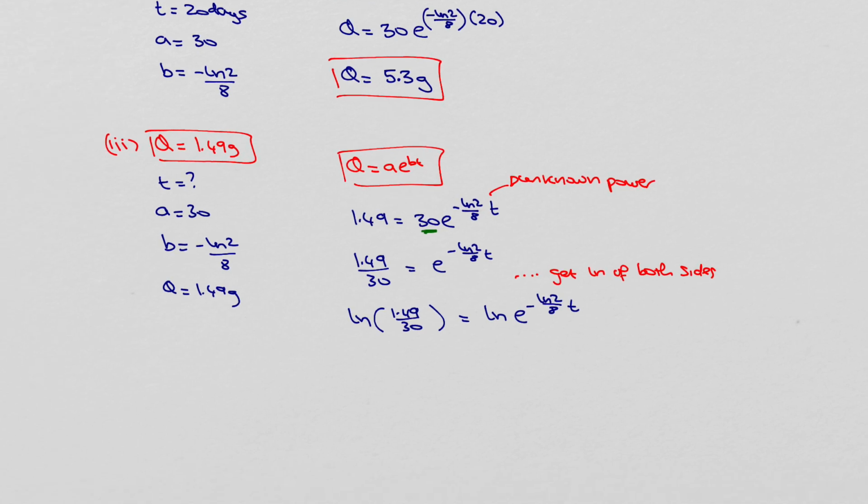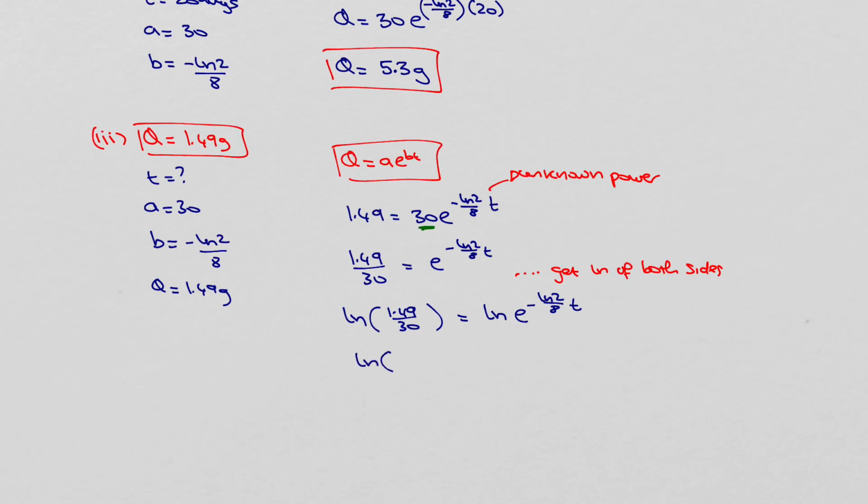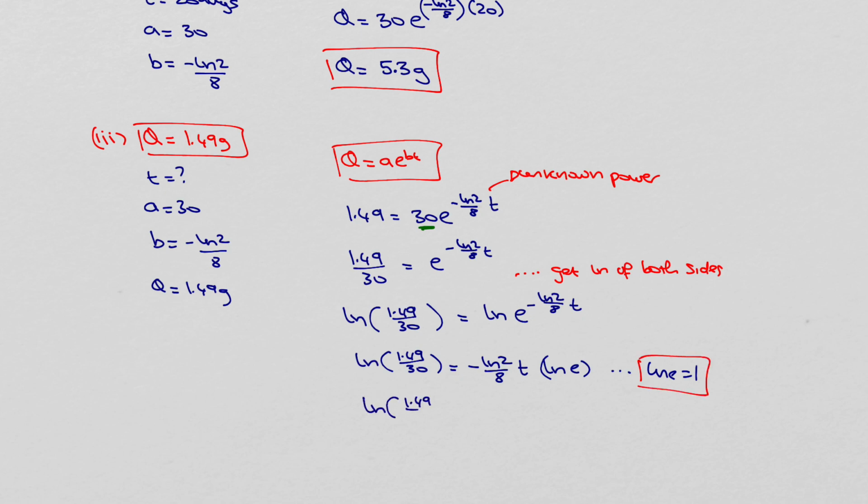So by bringing down the power there, we have minus natural log of 2 over 8 times T multiplied by natural log of e, which is of course 1. So therefore that gives me natural log of 1.49 divided by 30 equals minus natural log of 2 over 8 times T multiplied by 1.